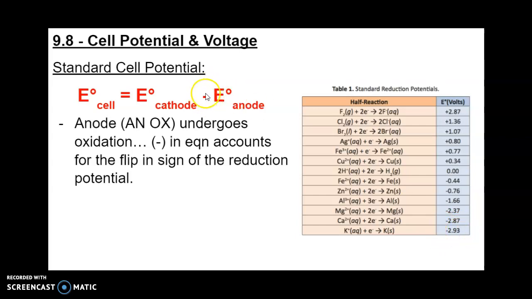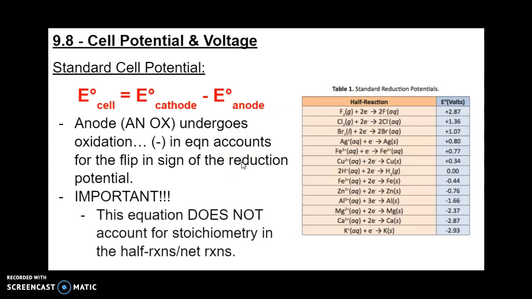The negative symbol already is accounting for that. So we literally just take our numbers and plug them into the equation. We just have to identify which is the anode, which is the cathode. Another important thing with this equation, it does not account for stoichiometry. So we do not care what's happening in the balanced chemical equation. You are going to have to write balanced chemical equations, but those coefficients do not influence this equation at all.